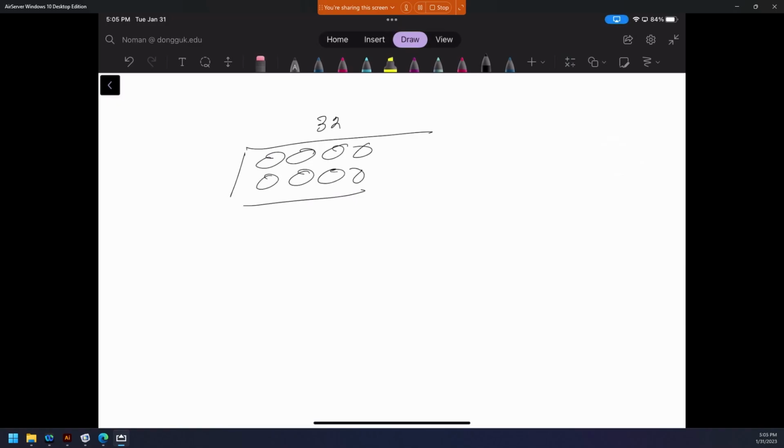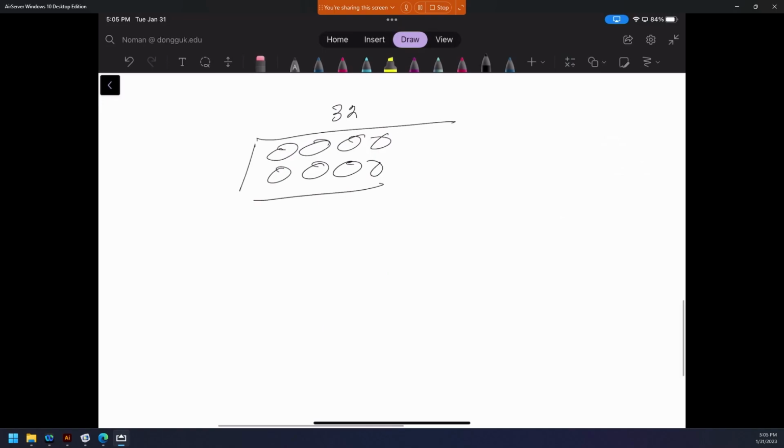You can also calculate the volumes using this method for ellipsoid particles, I think. So if these are 32 particles, it means 32 multiplied by 4 by 3 pi r cube. That would be the total volume of all the particles.